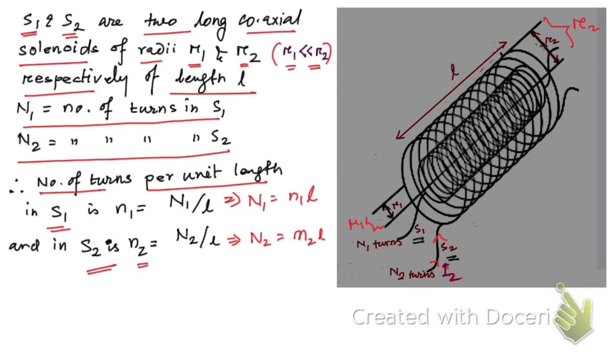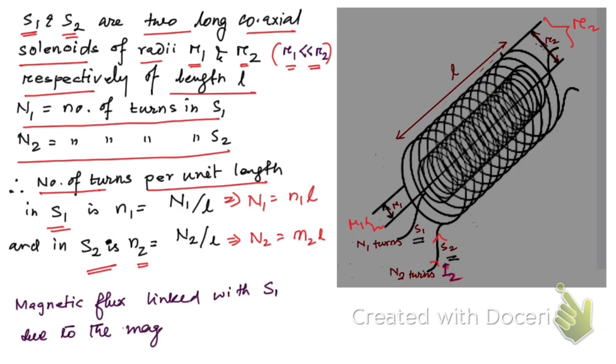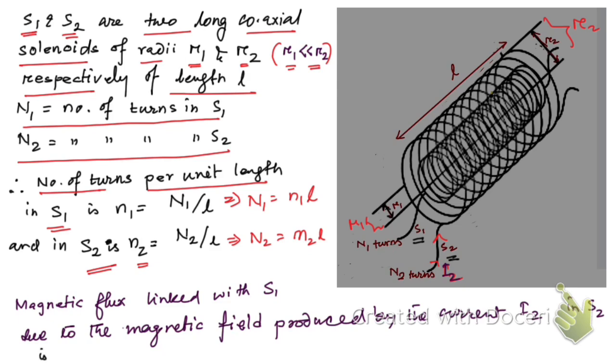So here we're going to write, therefore, the magnetic flux linked with S1 due to the magnetic field produced by the current I2 in the coil S2, that is given by, so flux linked with S1.